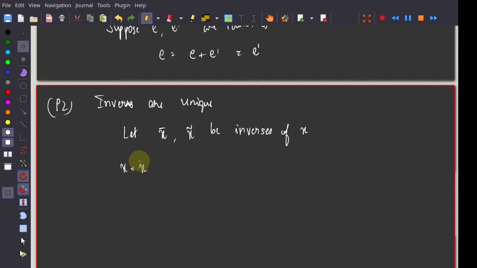x plus x tilde equals I. Add x bar on both sides. Okay, from the left or from the right? From the right. Okay, I guess you want to add from the left.